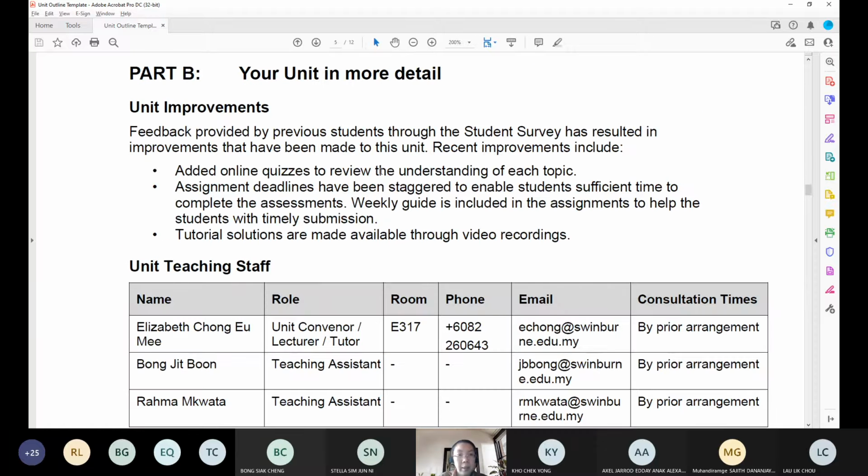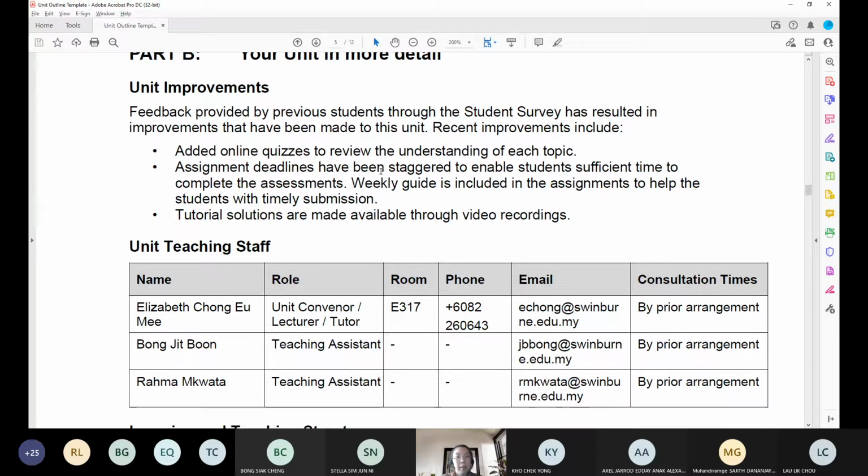Let's look at the unit in more detail. First, we have made some improvements to this unit based on the feedback we received from past students, from the student survey. Remember every end of semester we have lecturers or announcements asking you to fill in the survey again and again.